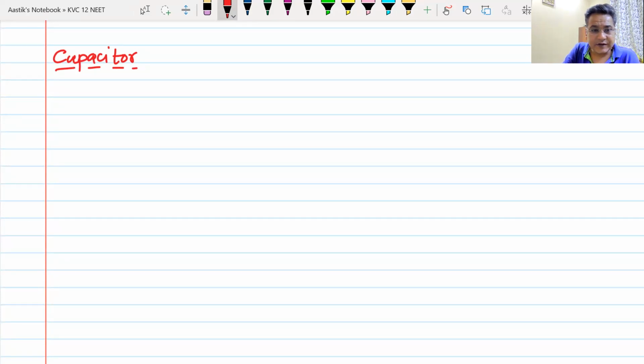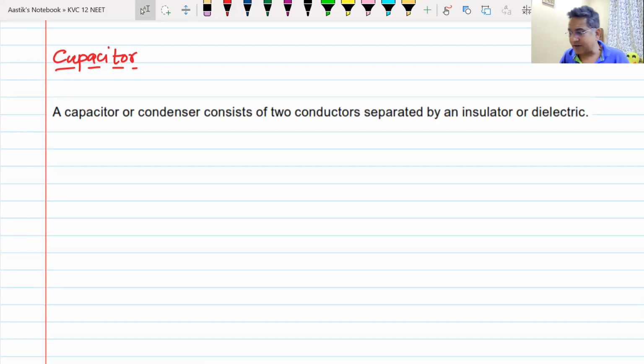Basically a capacitor, sometimes known as a condenser, consists of two conductors which are separated from each other by a small distance. Now this distance can be filled up with an insulator or a dielectric, or this space can be empty, vacuum.